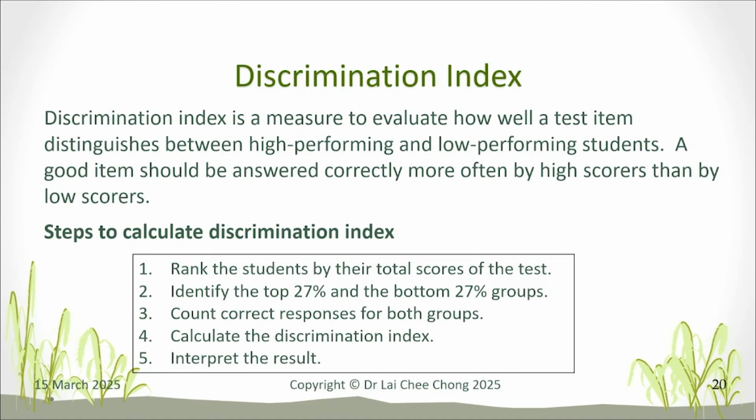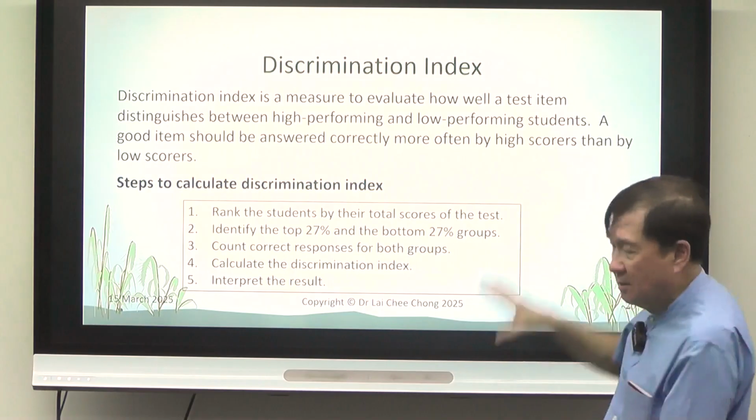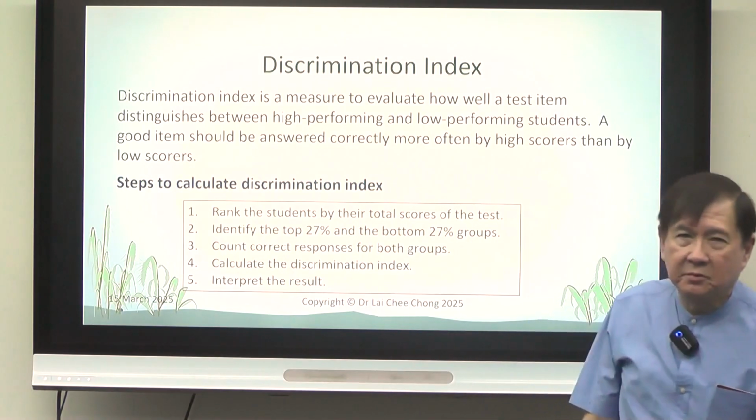Now, what's the purpose of trying to evaluate the discrimination index? Basically, I want to see how well a test item can distinguish between the high-performing and the low-performing students, the two groups.